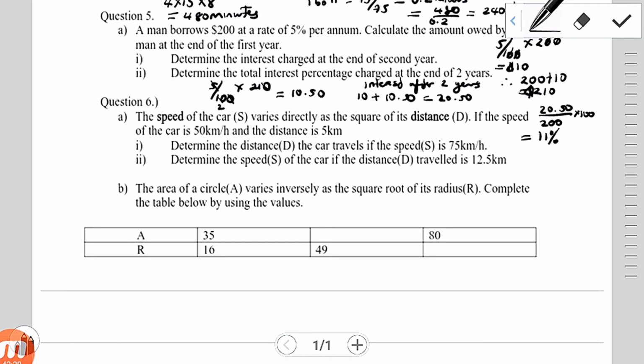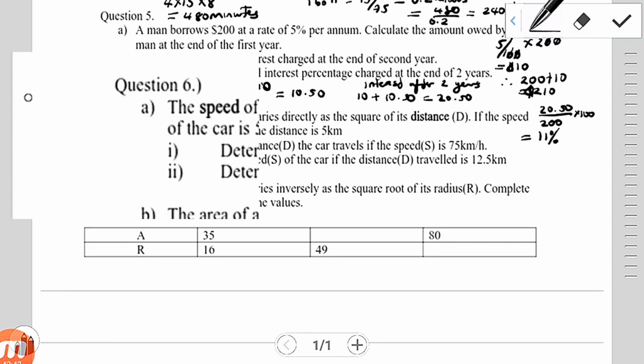Now, traditionally, if you were to go into a textbook and you're reviewing variation on your own, you would recognize that the majority of the time we express variation in the form y varies as 1 over x, where k is what is known as the constant of variation.